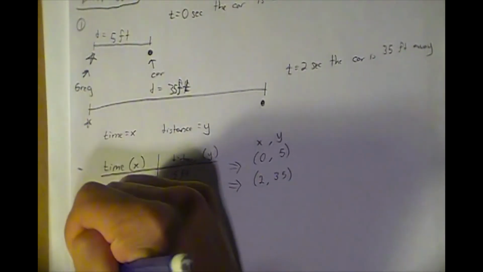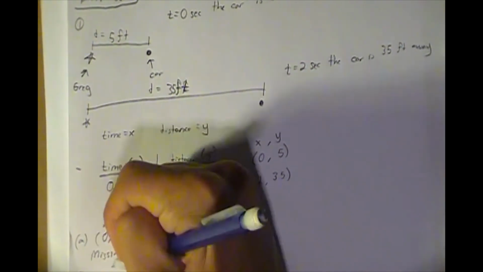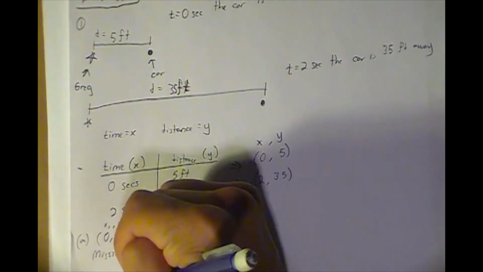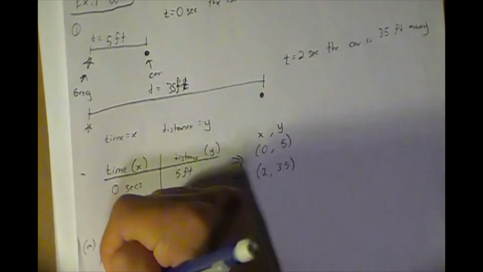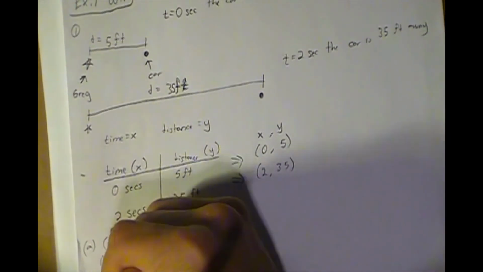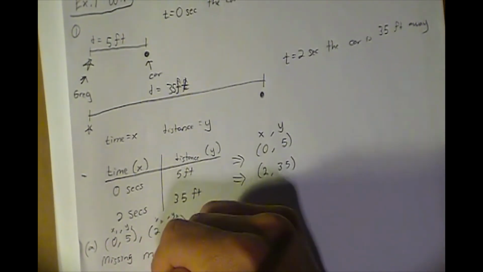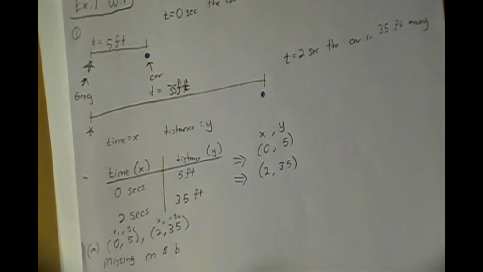So our first step from that one was to use the formula m is equal to y2 minus y1 over x2 minus x1. So this is going to be 35 minus 5 over 2 minus 0, which is 30 over 2, which is equal to 15. Cool.